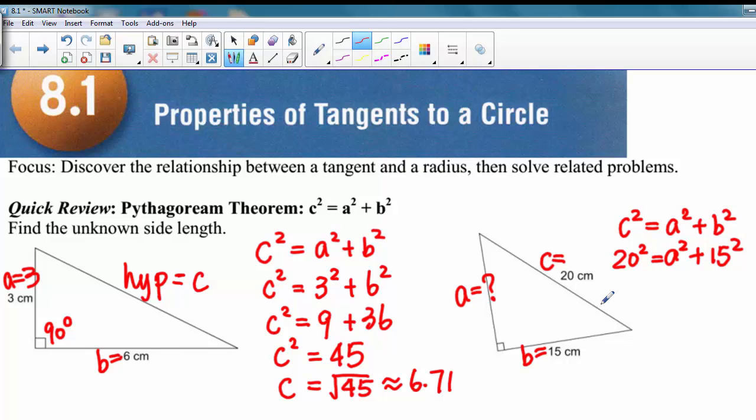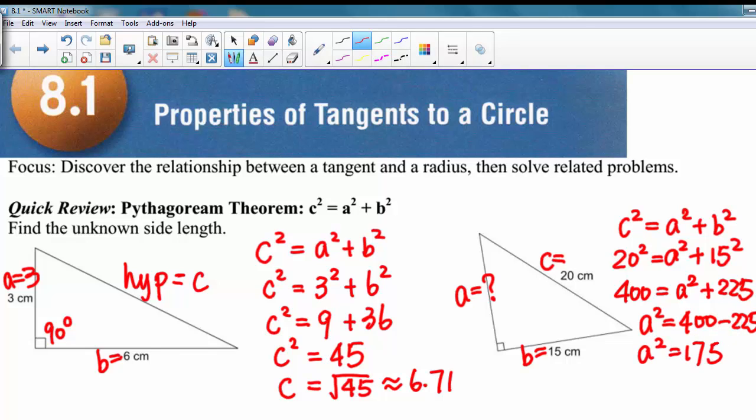20 squared equals 20 times 20. This one is 400 equals A squared plus 15 squared is 225. If I want to find A squared, I subtract 225 from both sides. So I will get 400 minus 225. This one is for A squared. So A squared equals 175.